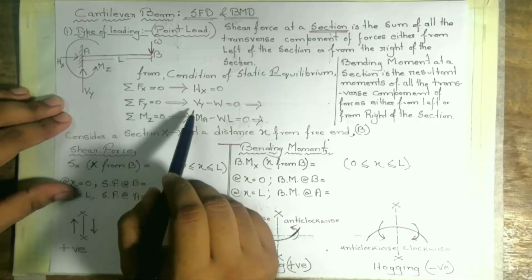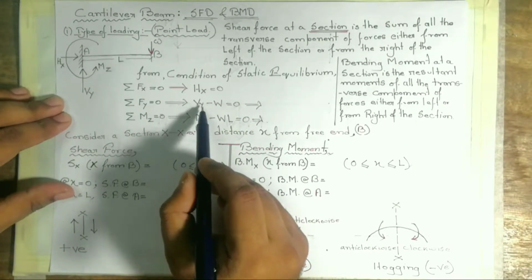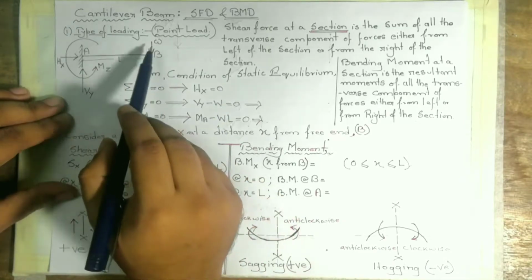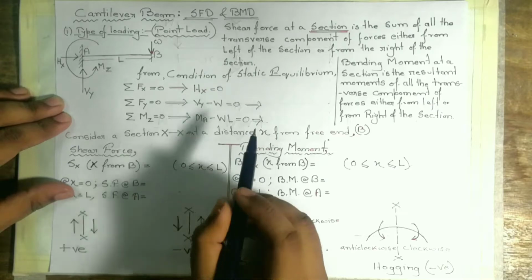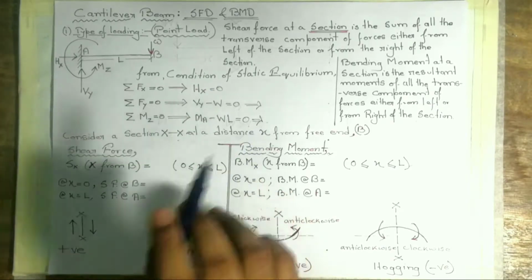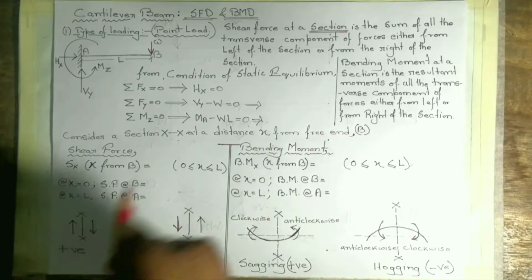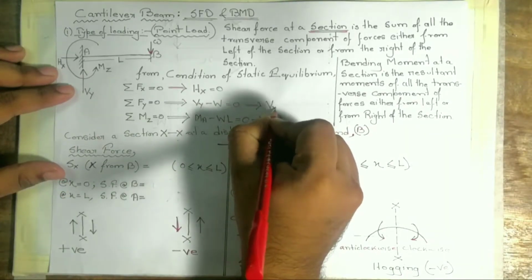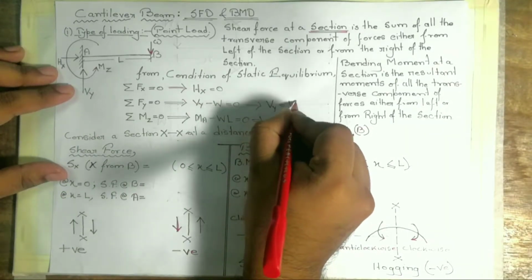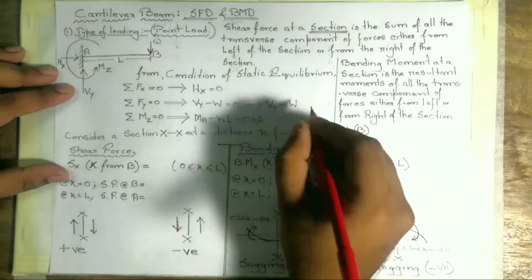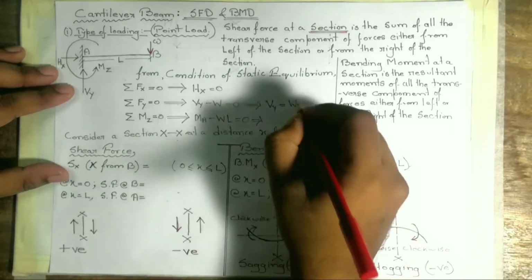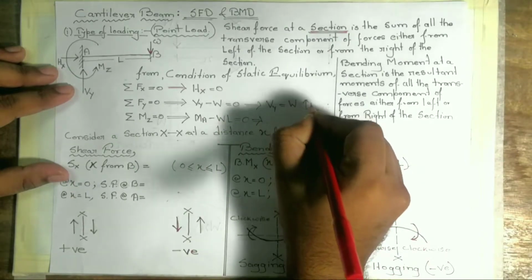So after summation we get Vy minus W equal to 0, because the load is acting downward. Here we get Vy equal to the load W, and since it is positive, our assumed direction is correct. So the direction will be upward.